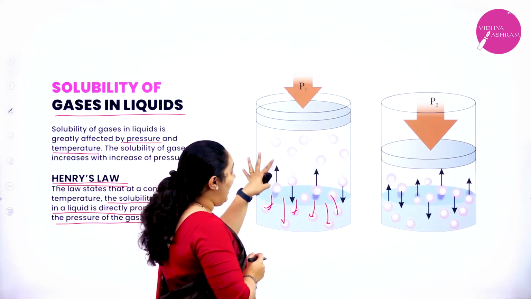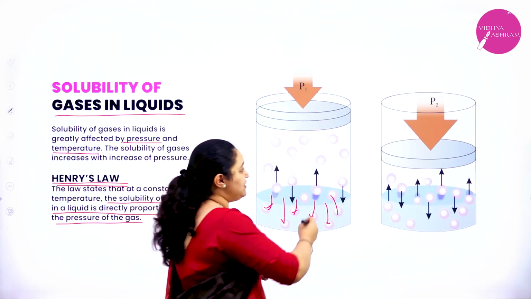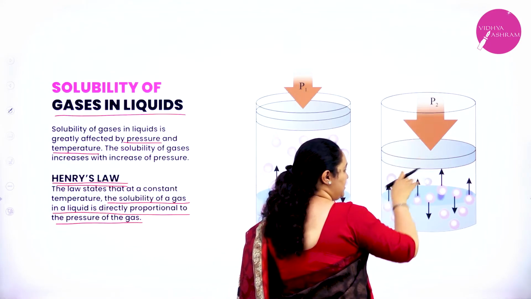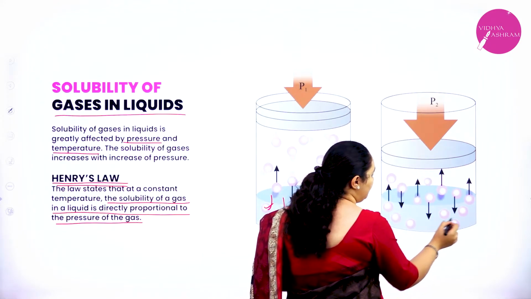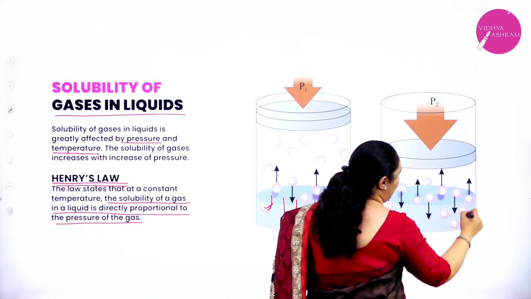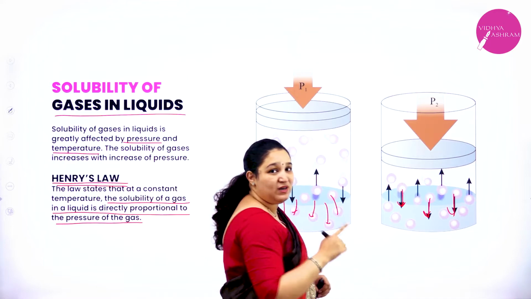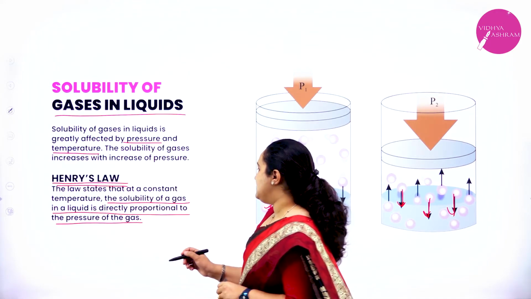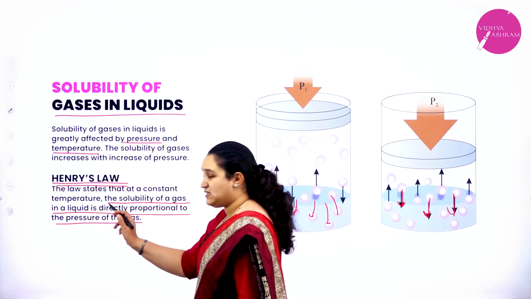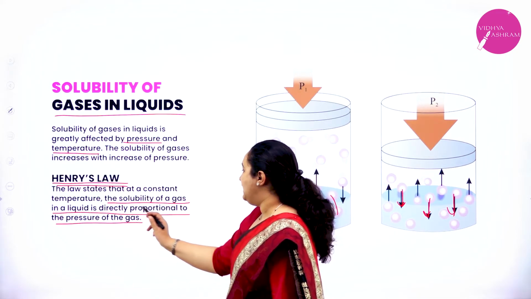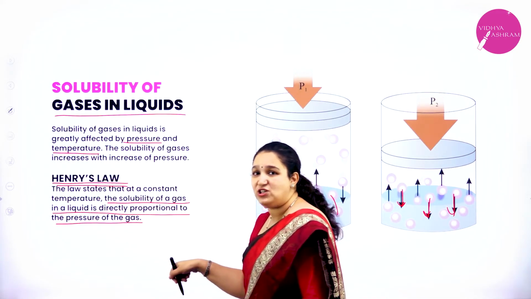Now, as the pressure is increased, you can see more and more gas particles start coming into the solution. So what does Henry's law tell? It tells us that the solubility of a gas in a liquid is directly proportional to the pressure of the gas.